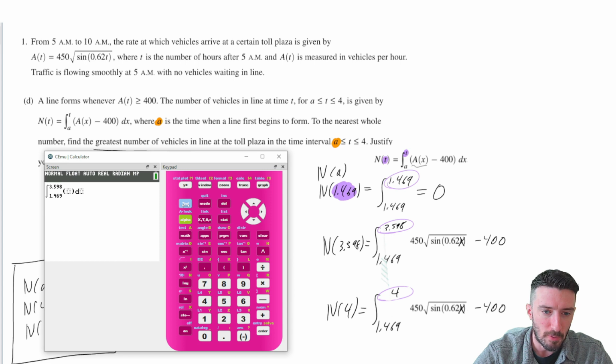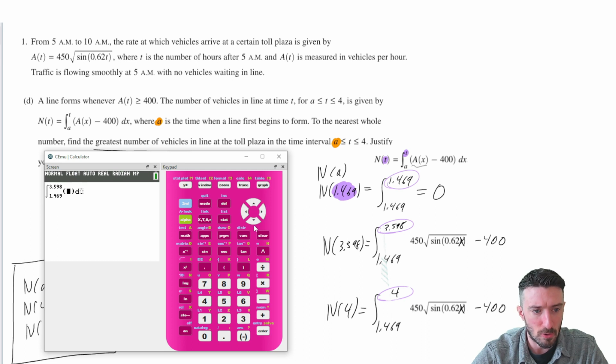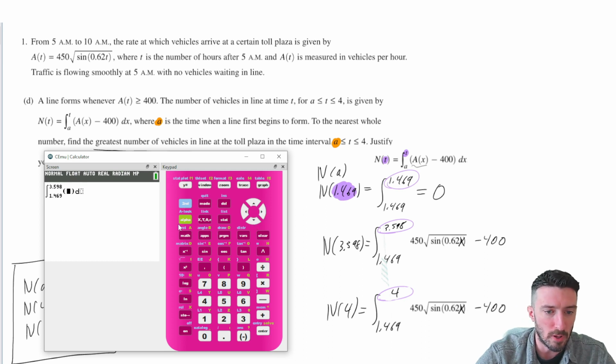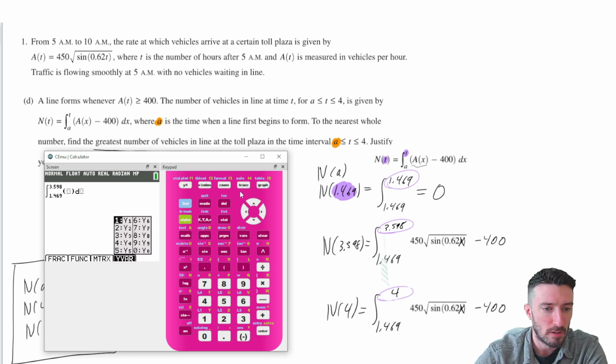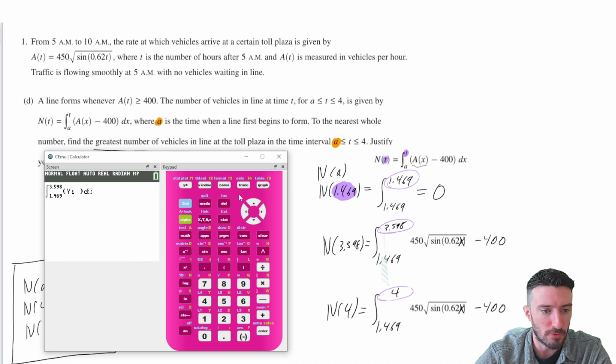But if you remember, I've actually already got that typed into y1. So when I go here, I can instead just put only y1. Now, how do I do that? I hit the green button and then F4, and then it pops up y1 for me. And then I just have to put dx, hit enter, and round this to 3 decimal places.